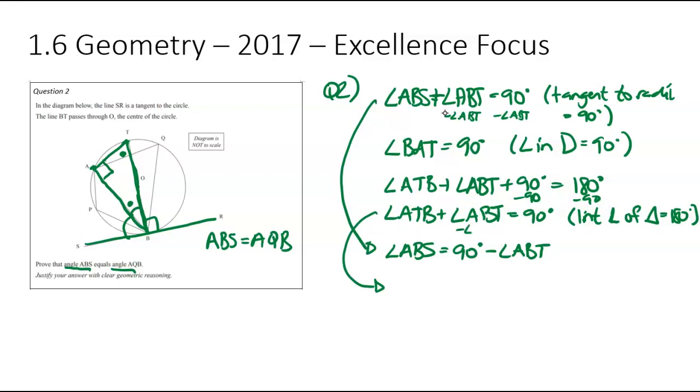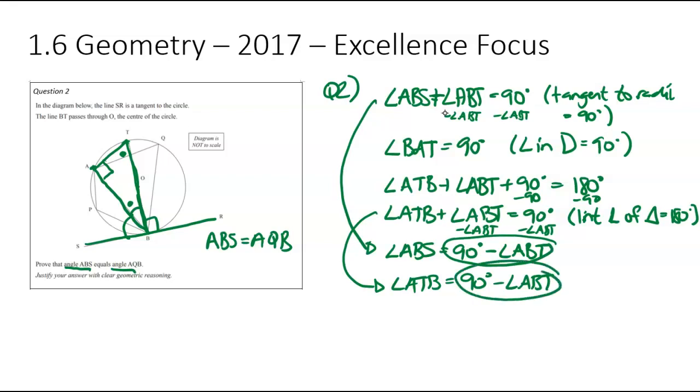So let's go over here. I'm going to go minus angle ABT minus angle ABT. So that means angle ATB will be equal to 90 degrees minus angle ABT. Now we've got the same expression coming up twice, 90 degrees minus ABT. So that means these two angles here are going to be the same.